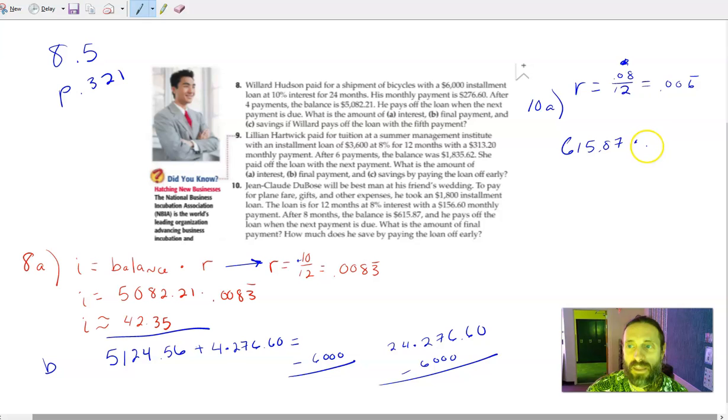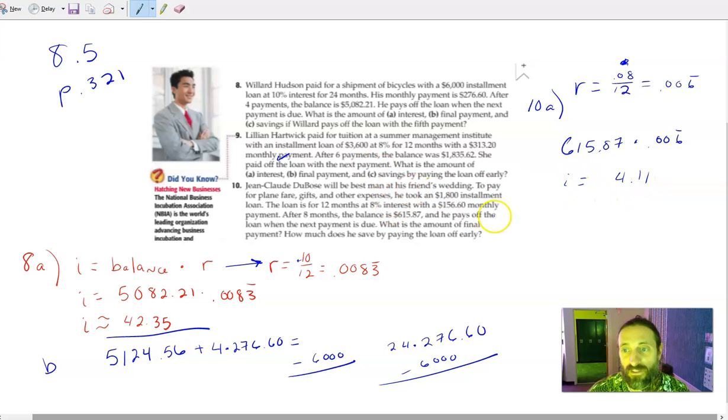You would multiply that by 0.006 repeated, and I'll do that right now: 615.87 times parentheses 0.08 divided by 12. That works out to be $4 and pretty much 11 cents in interest.